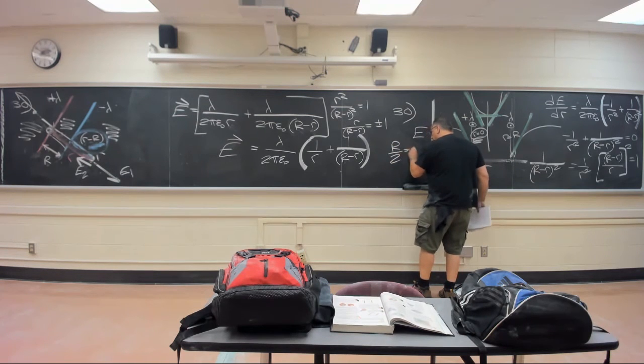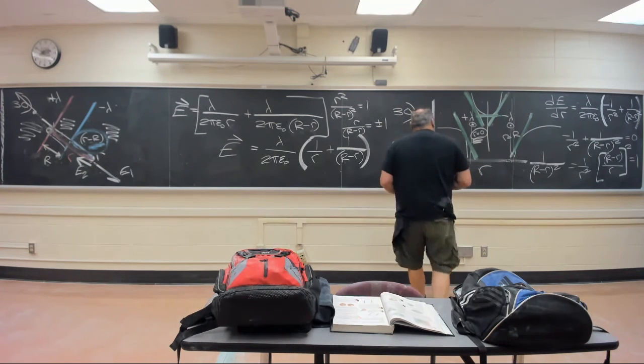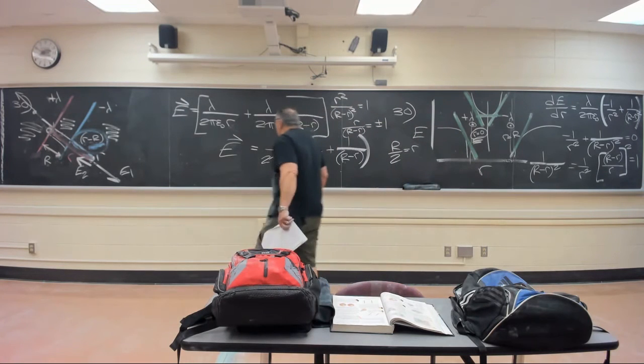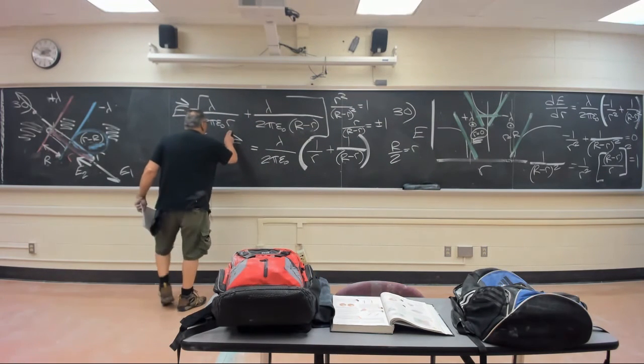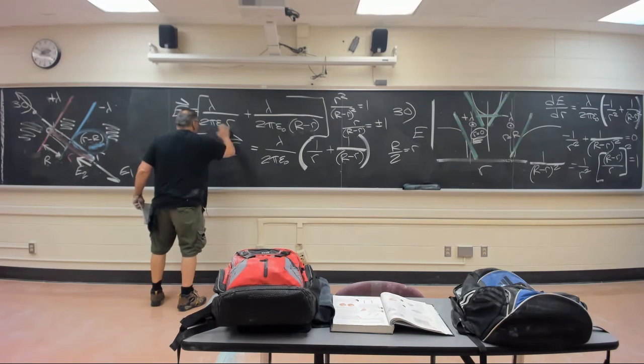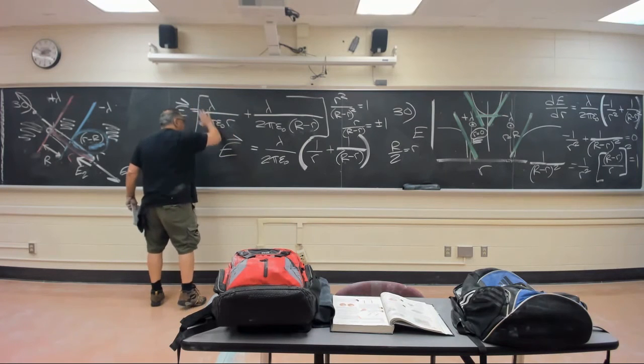If R over 2 equals R, that was your minimum, at least between the two places. If this is R over 2, then it's 2 times all this business with a capital R. Capital R over 2, the 2 flips, and you got 2 times all that.